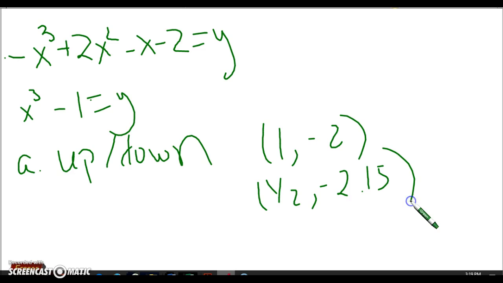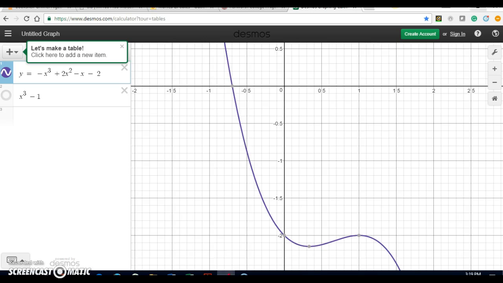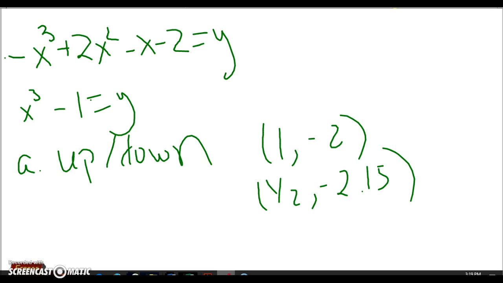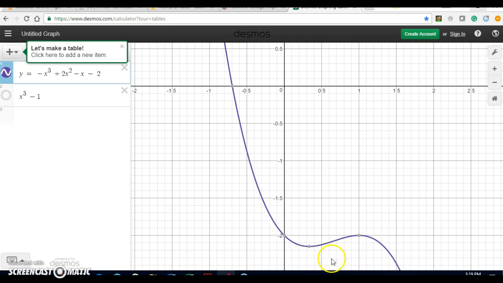We'll put 2.15. Alright, so looking at it, I am decreasing from negative infinity to 1/3. I'm going to put decrease from negative infinity to 1/3. And then I am increasing from 1/3 to 1.